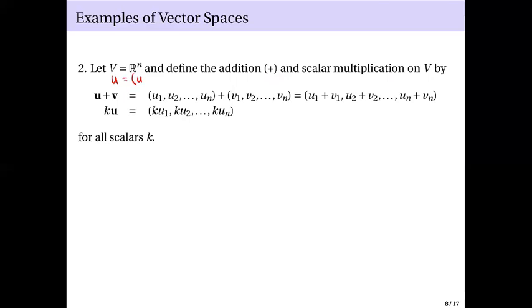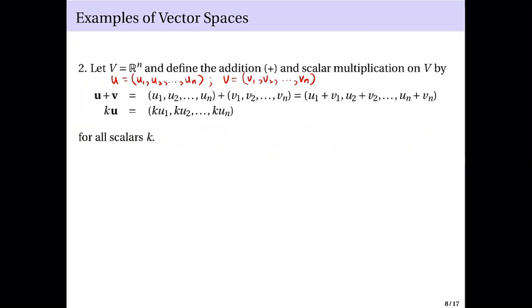You have u sub 1, u sub 2, until u sub n. And then for the vector v, let's just denote it by v1, v2, until vn. So in Rn, each vector must have n components.